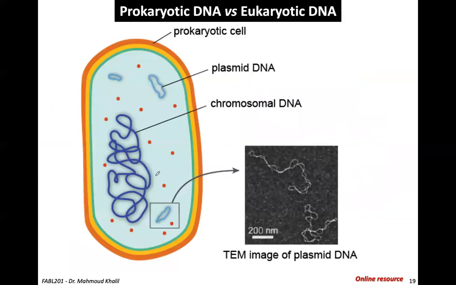You can see that the prokaryotes have two types of DNA, chromosomal DNA and the plasmid DNA. And in a TEM, or transmission electron microscope micrograph, you can see the plasmid, which is a circular coiled structure of DNA. This plasmid is lacking in eukaryotic cells.